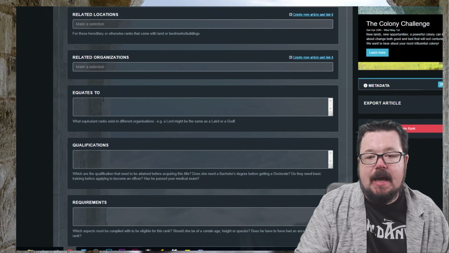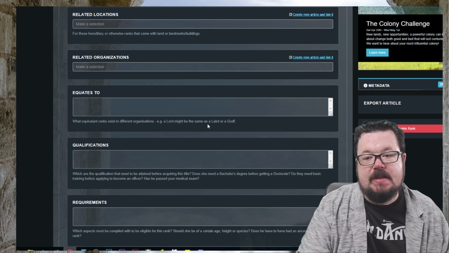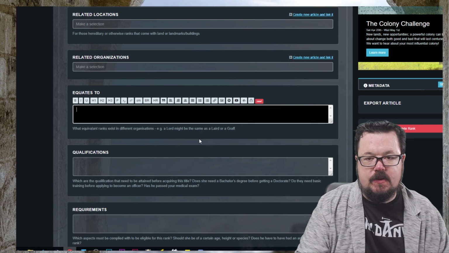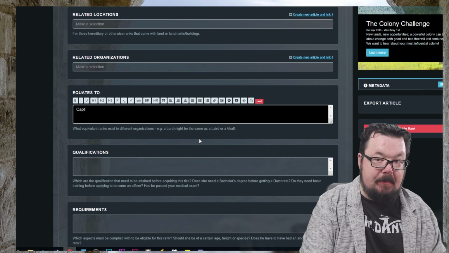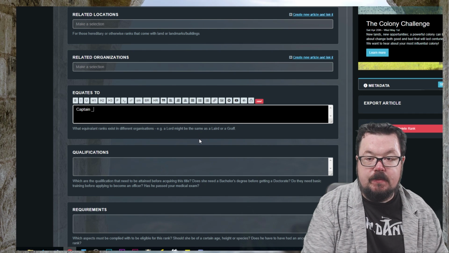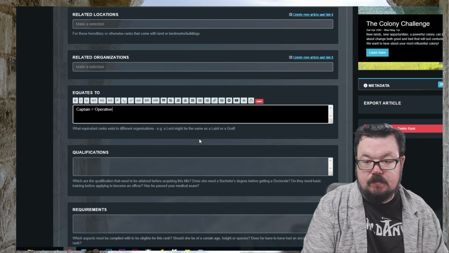Okay, so now, what equivalent ranks exist to different organizations? A lord might be the same as a laird or a graf, as one might want to go. So I'm going to say a captain is equal to an operative.